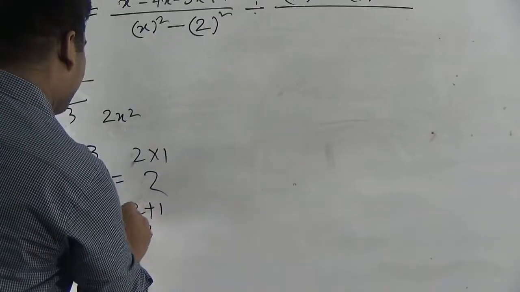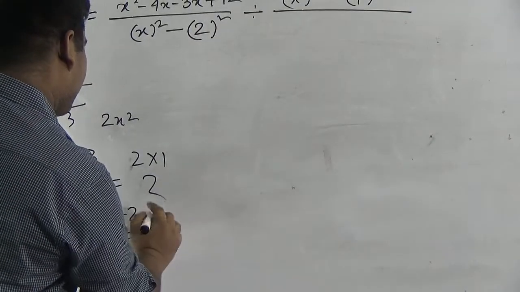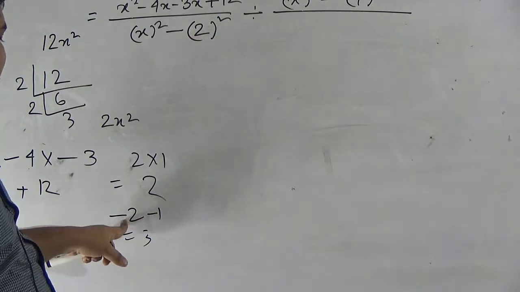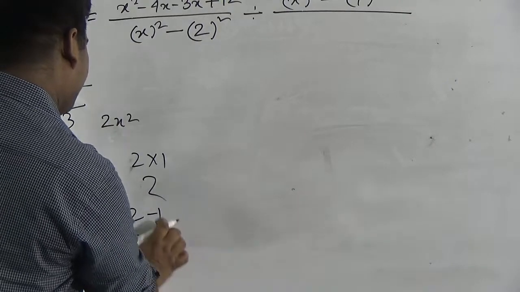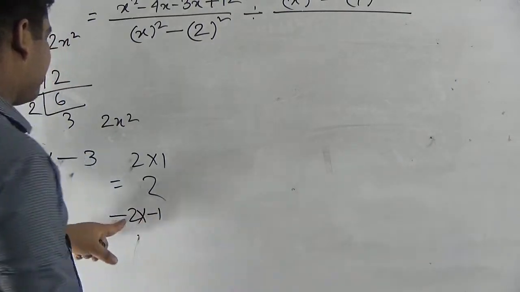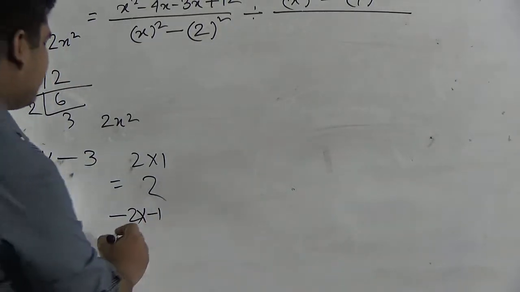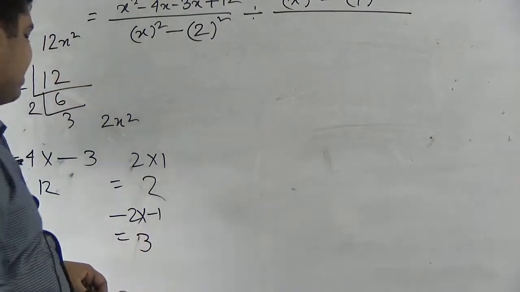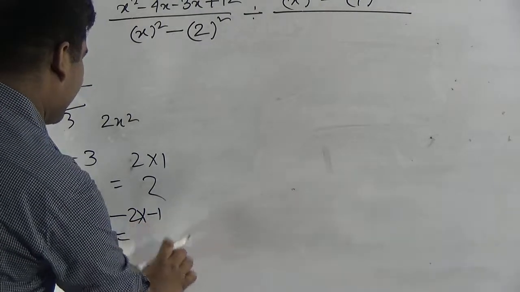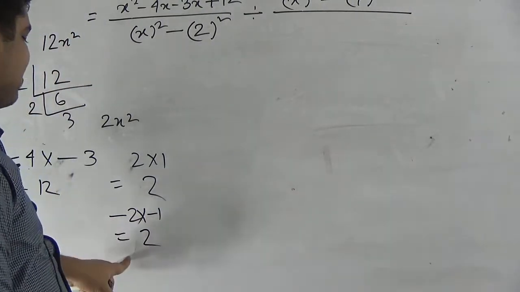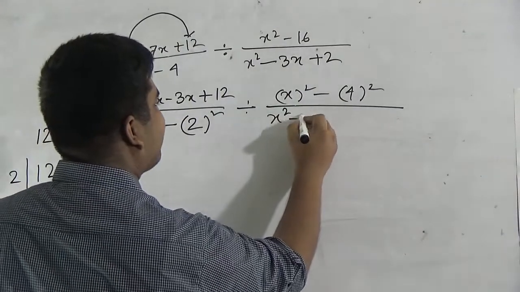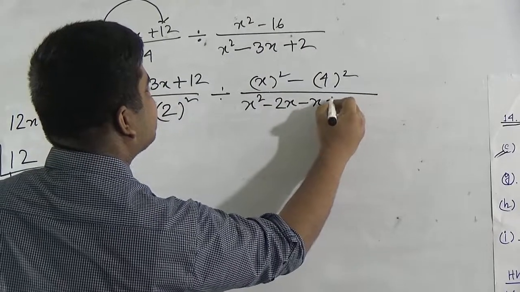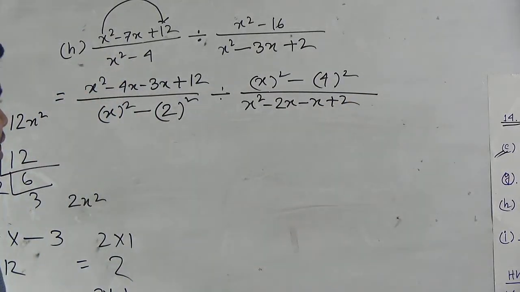So we give minus to both numbers, that means minus 2 minus 1, it will be minus 3. But if we multiply minus 2 with minus 1 then it will be plus 2, because minus minus is plus and 2 ones are 2. So we write x square minus 2x minus x plus 2. I hope you have understood.